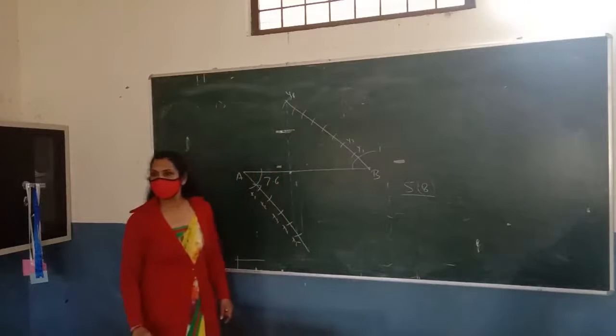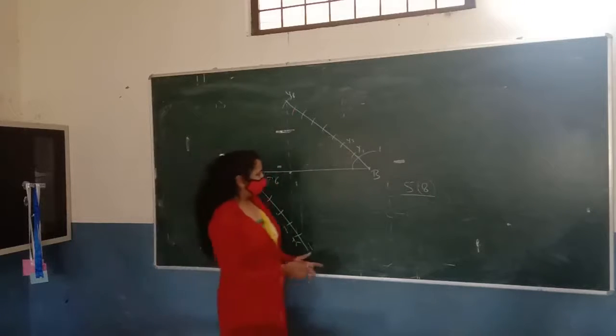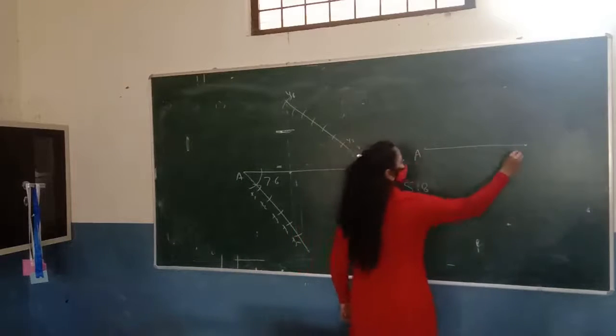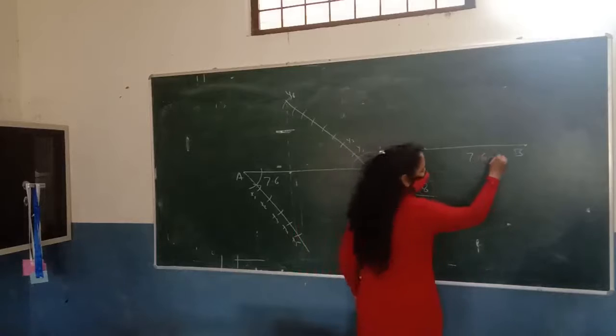And what is another method? Another method is: this is AB of length 7.6 centimeter.